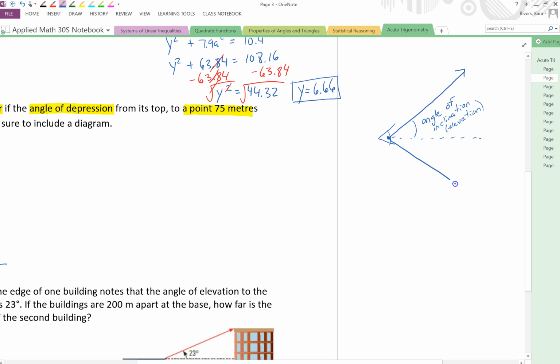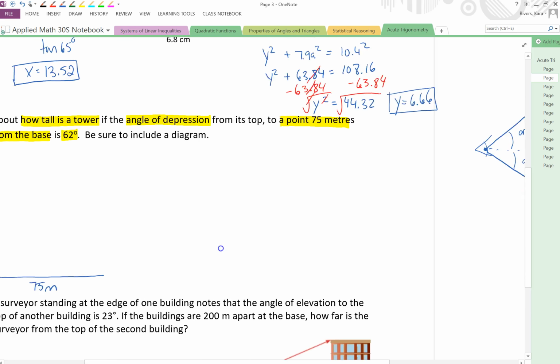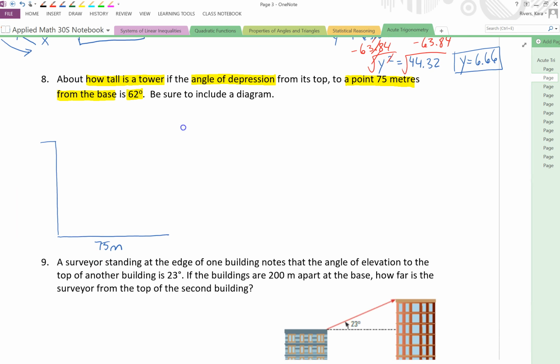When you're looking down, that is your angle of depression. So that's where we are. We're at the top of the tower looking down. So this is my line of sight, and I'm looking down to that point. So we've made a 90-degree triangle.